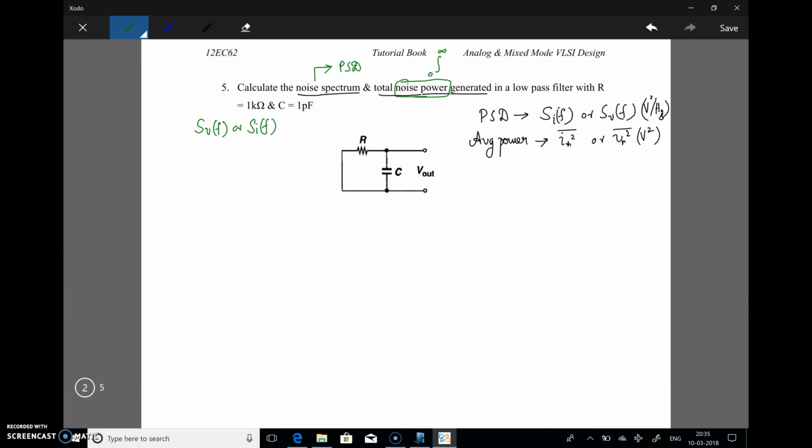Now, what we are expecting here is the noise spectrum, so basically it is the output noise spectrum.